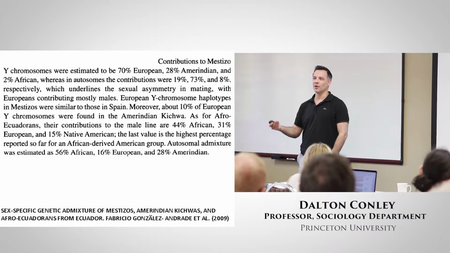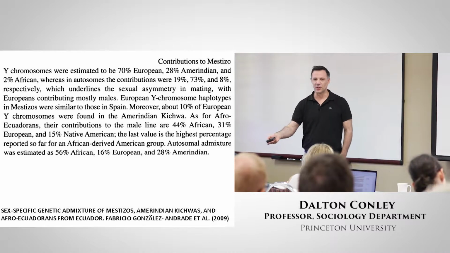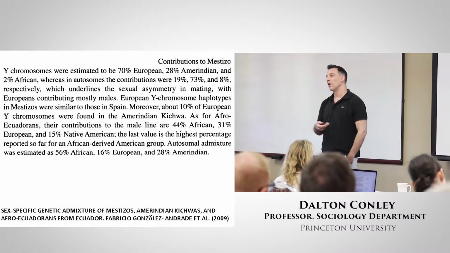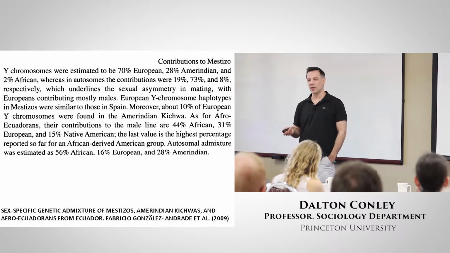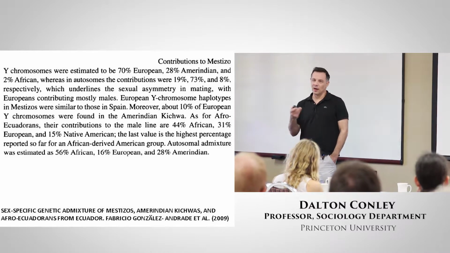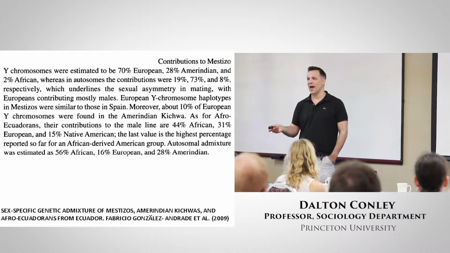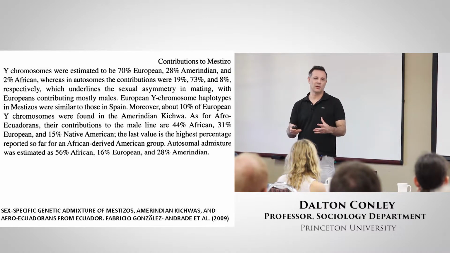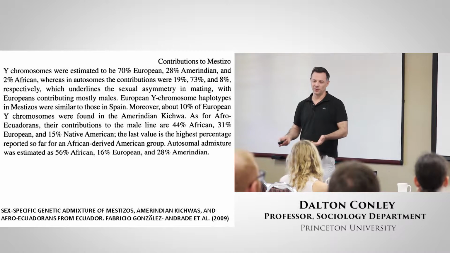You see a disproportionate amount of European ancestry on the Y chromosome, but some things were not known until we had this essentially historical record, for example, that there was a lot of seemingly bilateral, in terms of gender, exchange of DNA between the African population and the native population. In fact, I think it's the country with the most admixture between those two groups of any country in the New World. So this is something that we couldn't learn from traditional history, but we can learn from DNA.